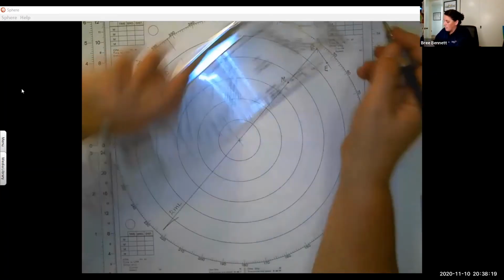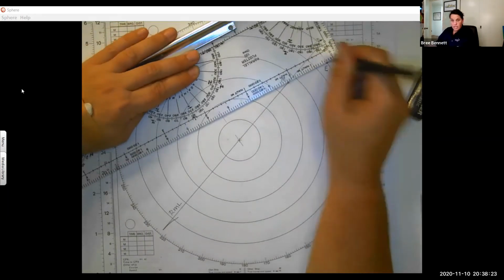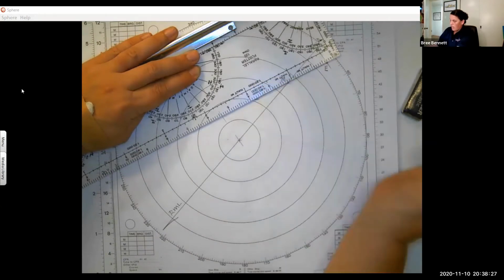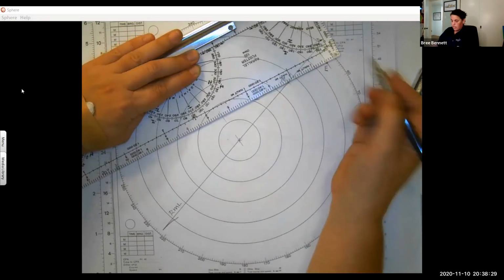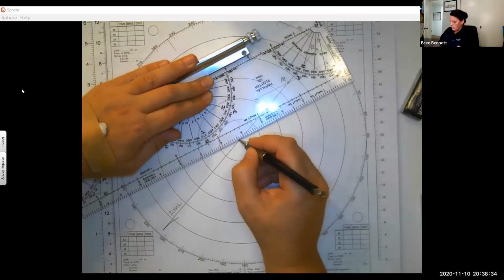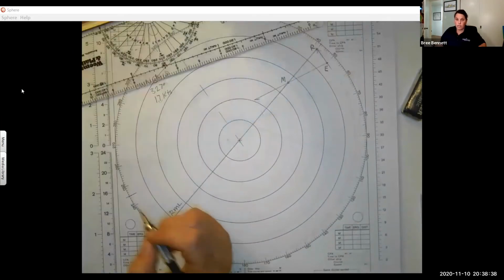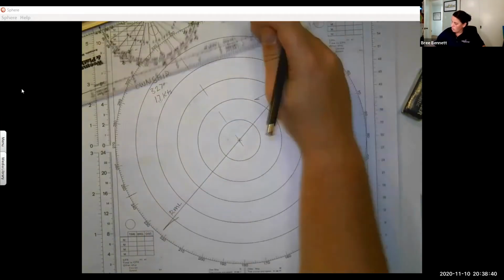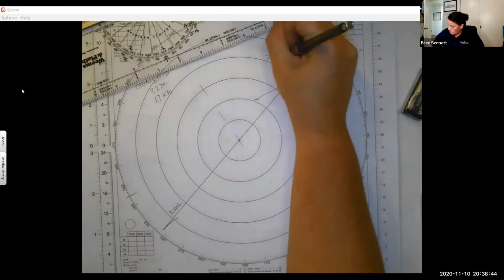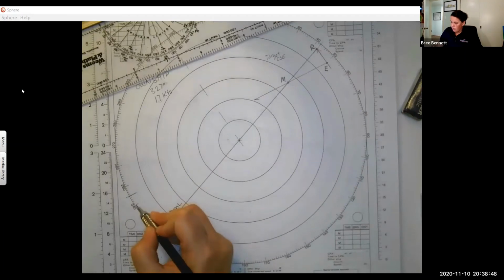So if I plot E to M, connect those two, I get their vector. And I parallel that down to the center so I can read what that course is. So the target's course is 245.